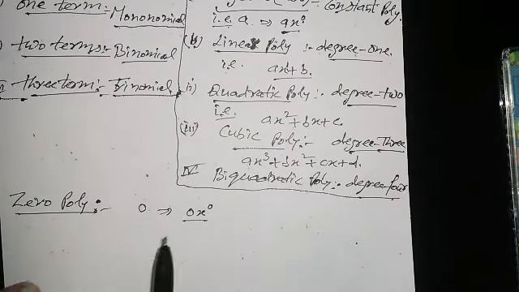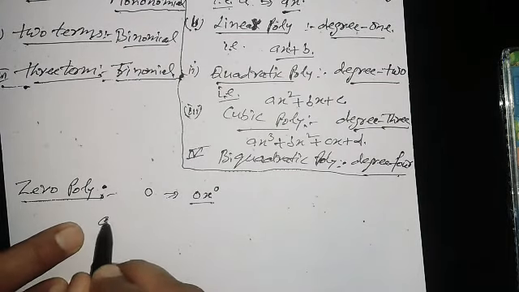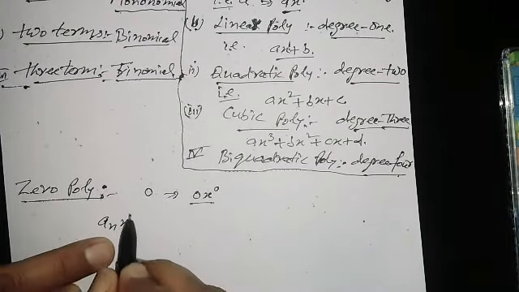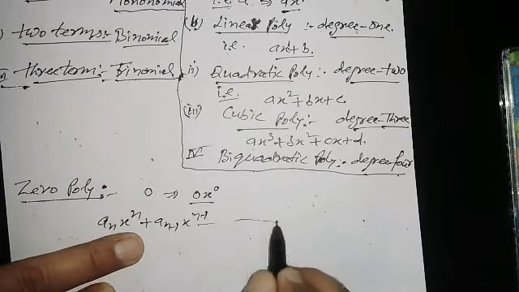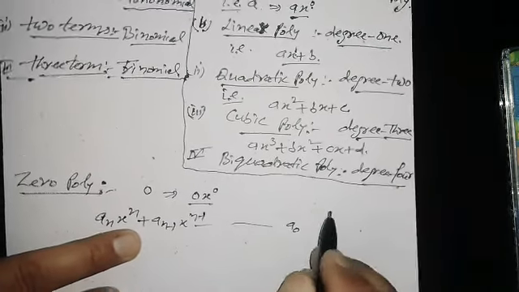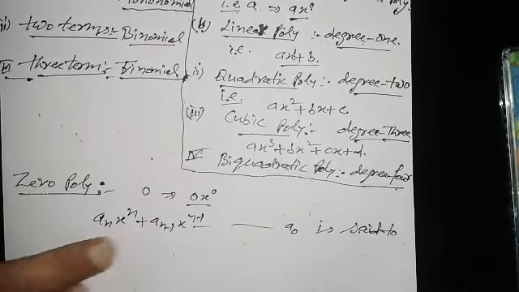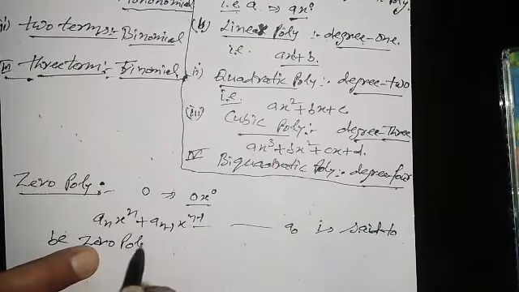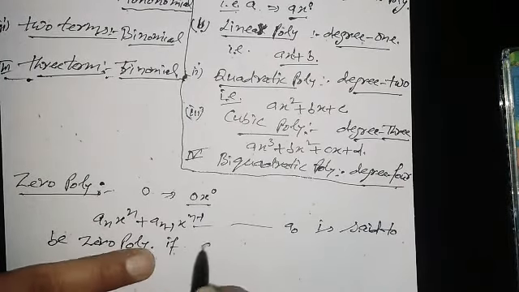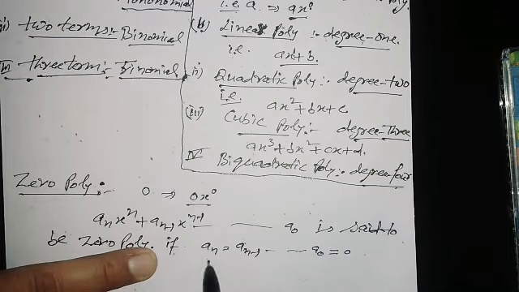or I will use a polynomial of this type, a_n x^n + a_(n-1) x^(n-1) + ... + a_0, is said to be a zero polynomial if all its coefficients, as I have used, are 0.